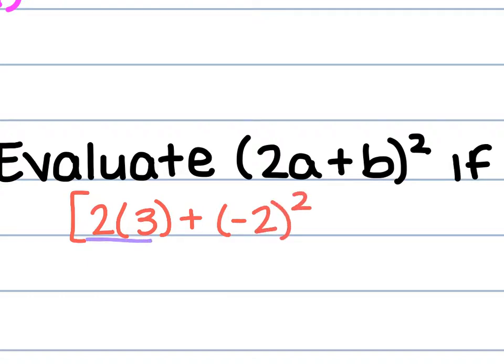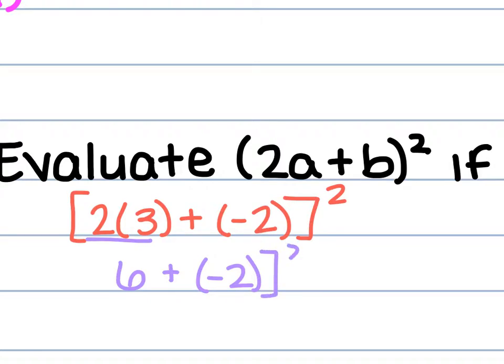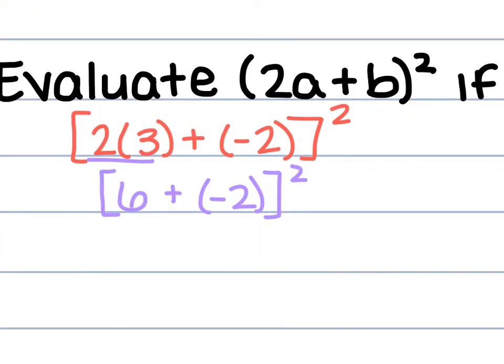Do the 2 times 3 first, which is 6, plus negative 2, in brackets, squared. So 6 plus negative 2 gives us a 4, and 4 squared is 16.